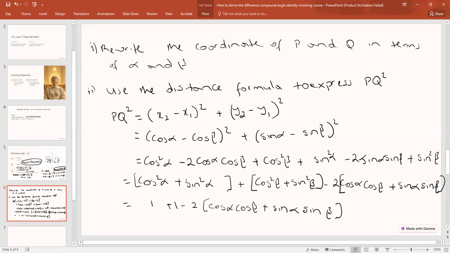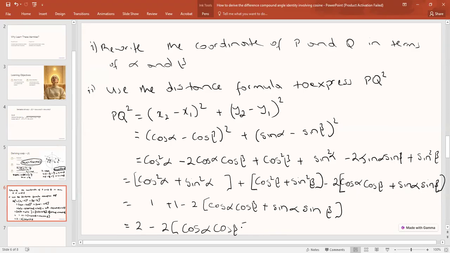So we can simplify this further to obtain 2 minus 2 times the bracket cosine of alpha times cosine of beta plus sine of alpha times sine of beta. Let's say this is equal to equation 1.